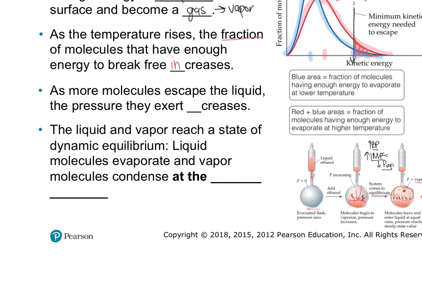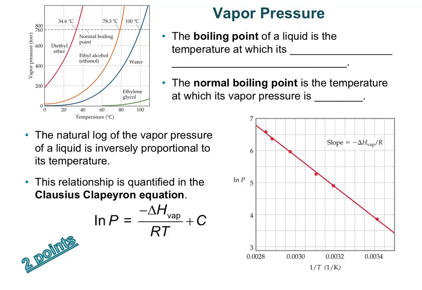So as more molecules escape from the liquid, the pressure they exert is going to increase, and they're going to keep doing that until they reach this dynamic equilibrium where the molecules that are evaporating and the molecules that condense back in are happening at the same rate. So it's going to keep happening, but it's going to look like we just have a singular vapor pressure that stays constant.